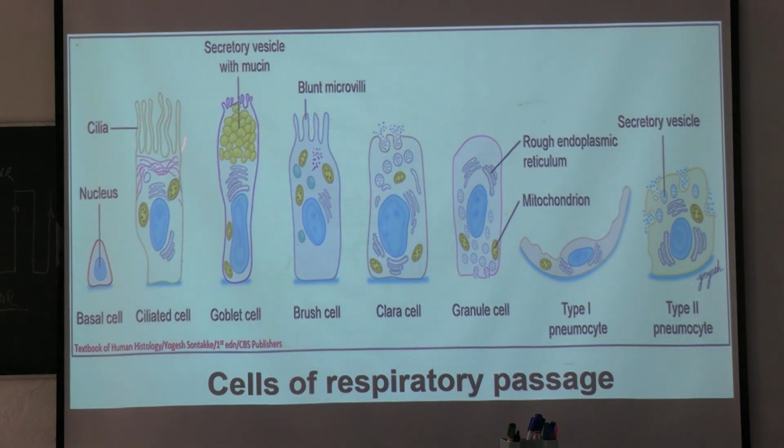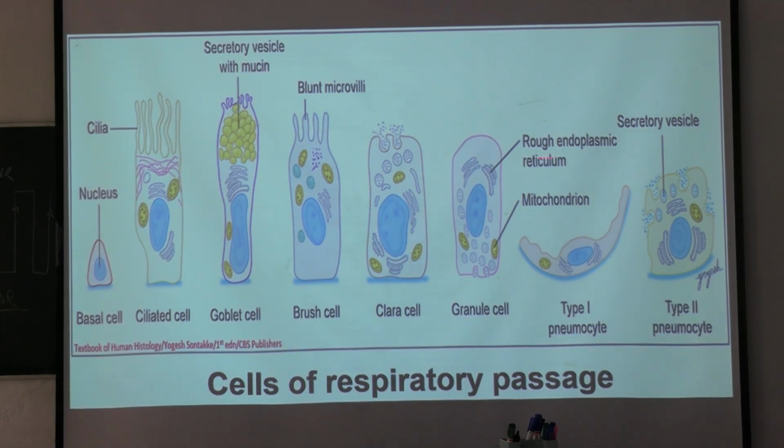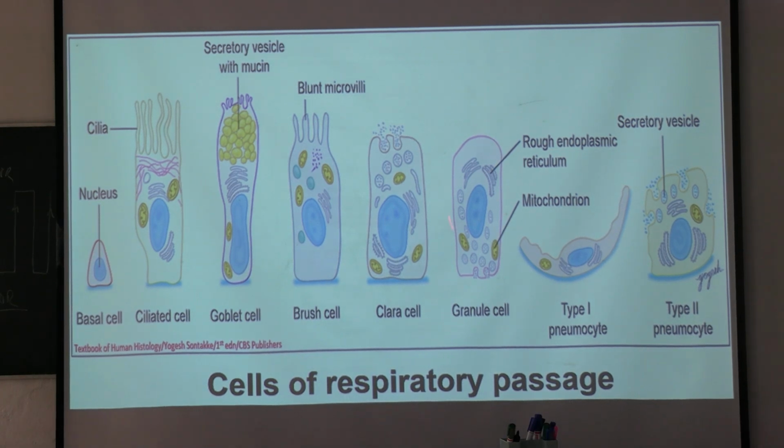Ciliated cells, cilia is present. Goblet cells, mucin material is present, which is released and appears as an empty loop. Brush cells, blunt microvilli are present. Clara cells producing surfactant. Granule cells, rough endoplasmic reticulum, granules are present, and type 1 pneumocyte is a flattened squamous cell, and type 2 pneumocytes also help in surfactant secretion. Okay, understood?